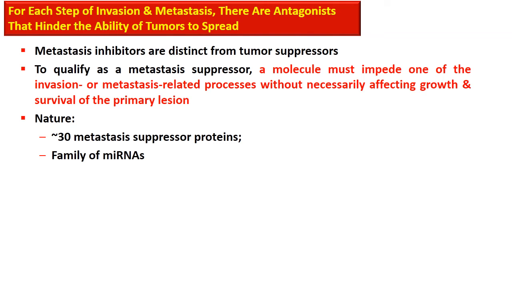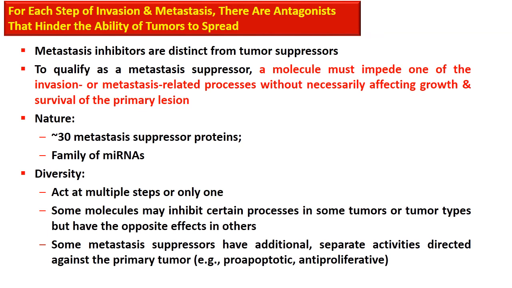The nature of these metastatic suppressors is protein or microRNA. About 30 metastatic suppressor proteins have been identified, and there is a family of microRNAs that has also been recognized as having a function of metastasis suppression. These suppressors have diversity in their mechanism of action.